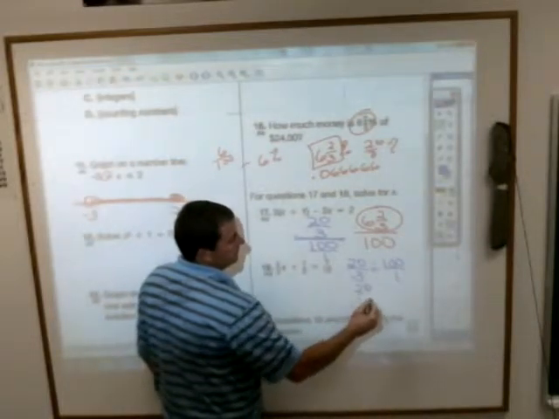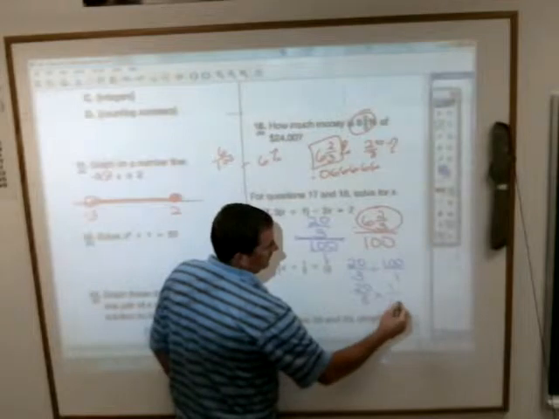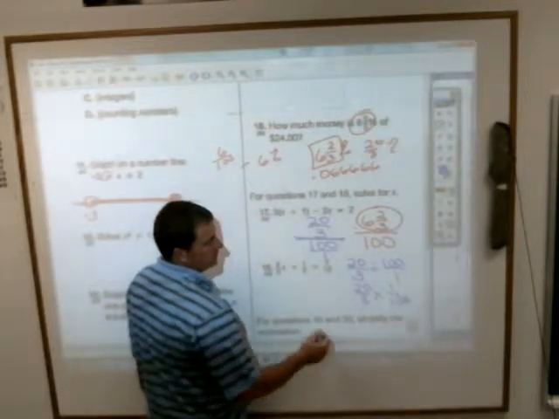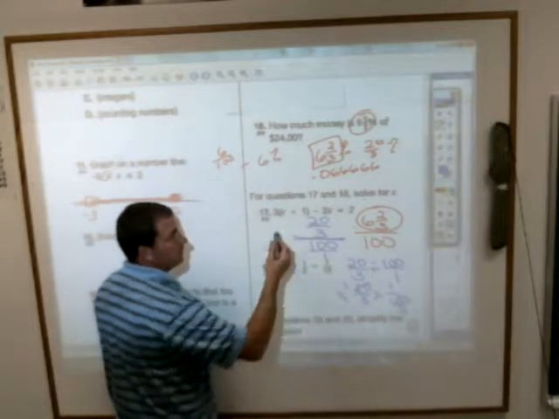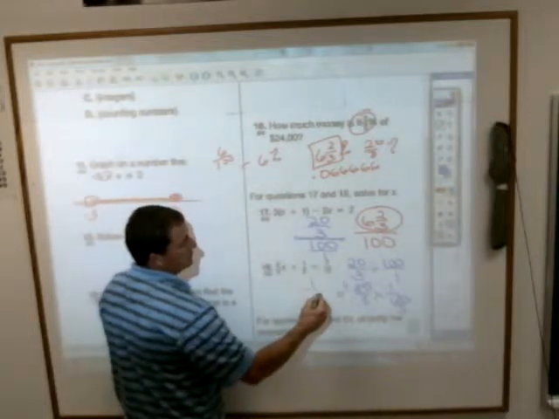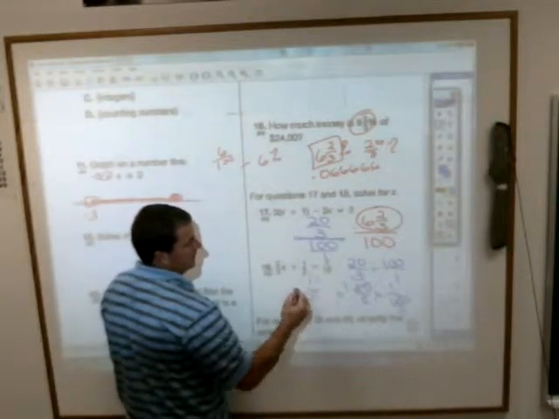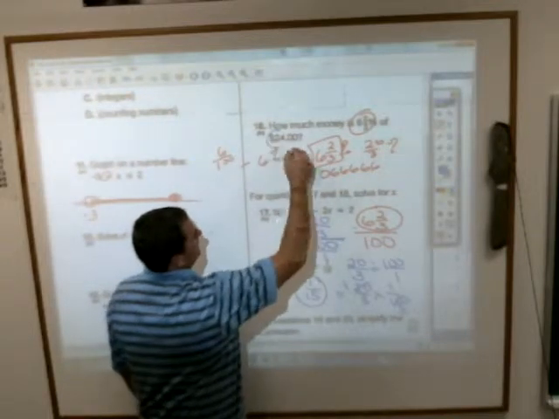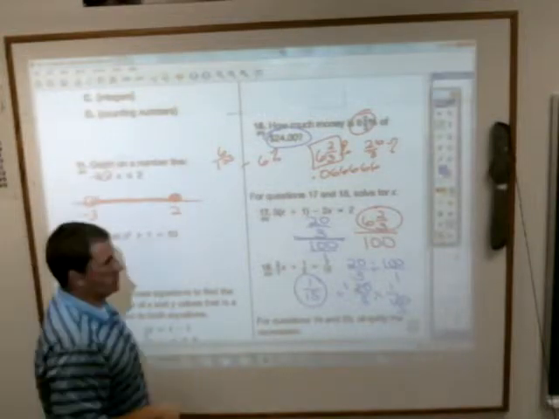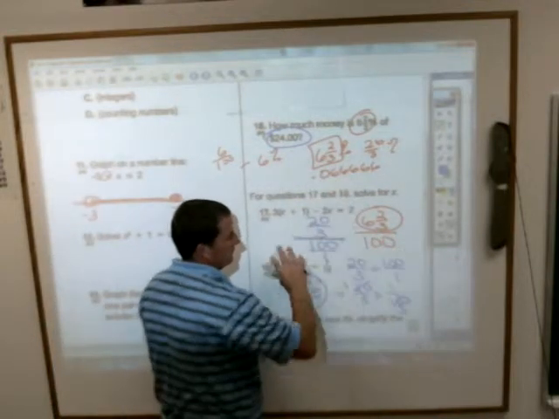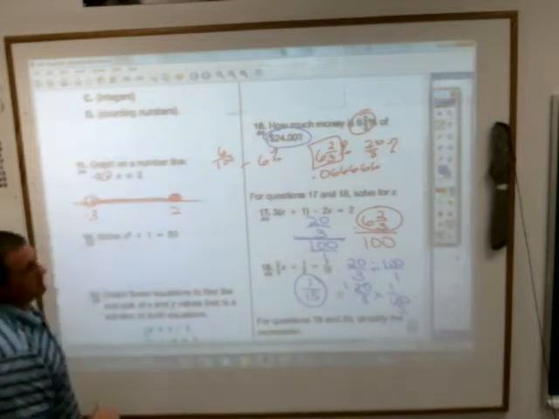You flip and multiply. And then it kind of works out nicely because you end up with cross-canceling here and there. The fractional equivalent of 6 2/3% is 1/15. And you can multiply 1/15 times $24. So if you ever get stuck in a percent that you don't know what it is as a fraction, just put the whole thing over 100 and see if you can't work it out to be whatever it is.